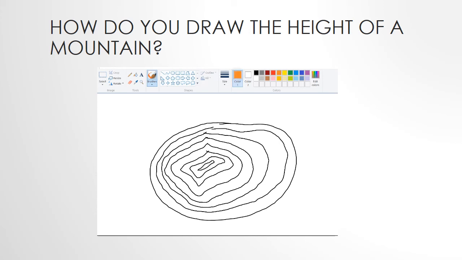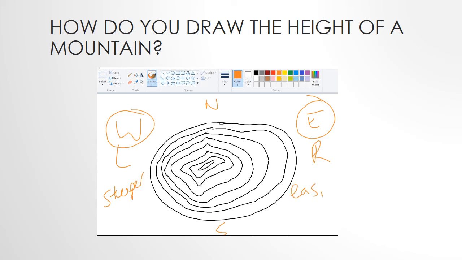Now if we go the left side and the right side, or actually what we should be doing is saying north, east, south and west. So if we say the west side and the east side, we can see that the west side is the steeper side because the lines are closer together, where the east side, that's the easier side.